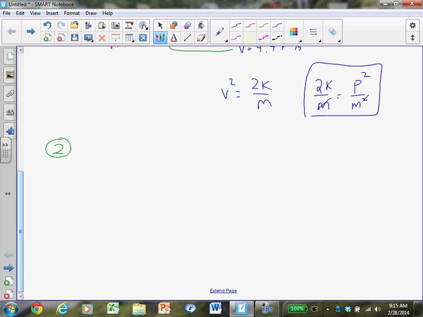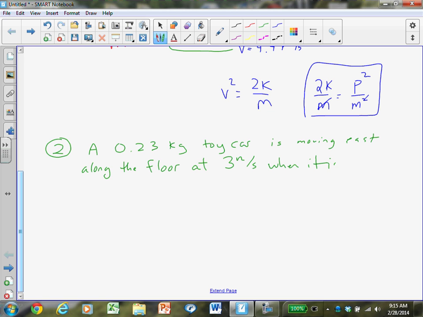All right, number 2. A 0.23 kilogram toy car is moving east along the floor at 3 meters per second, when it is struck from behind by a 0.06 kilogram suction cup dart.